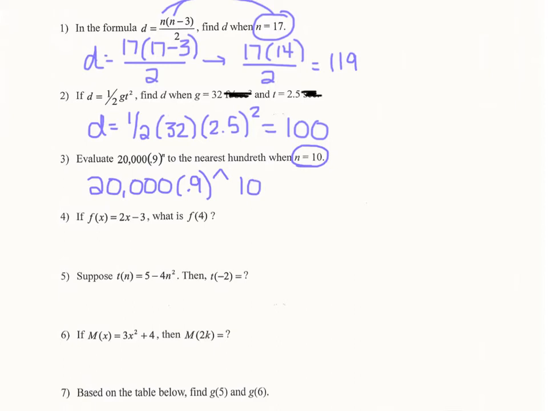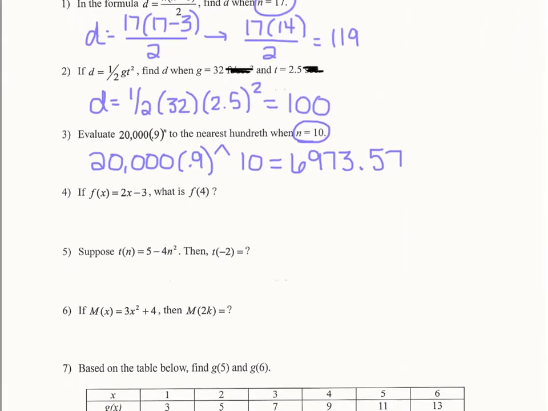So if you type that into your calculator just as it's written there, you should get, sorry, I'm trying to look at two screens here, 6973, so 6,973, and it says to the nearest hundredth, so I'm going to round that off at 0.57.